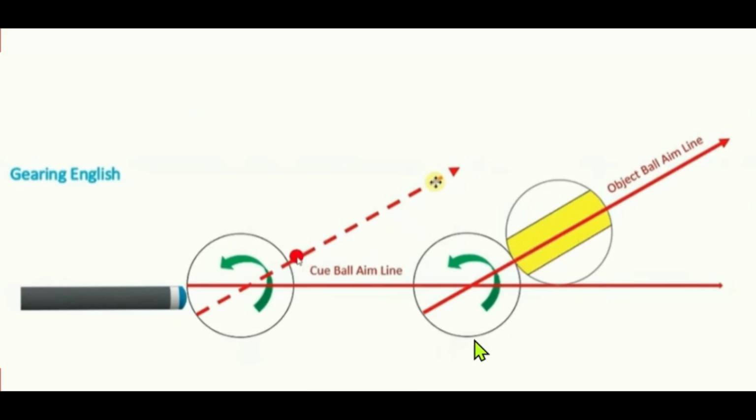There is a way to calculate gearing English. If you take a line through the center of aim of the object ball, through where the ghost ball would be, if your cue tip can contact 40% of the difference between these two lines, this will create gearing English.